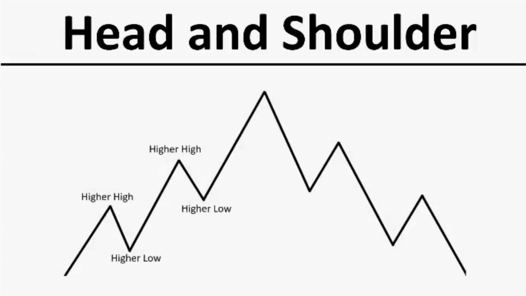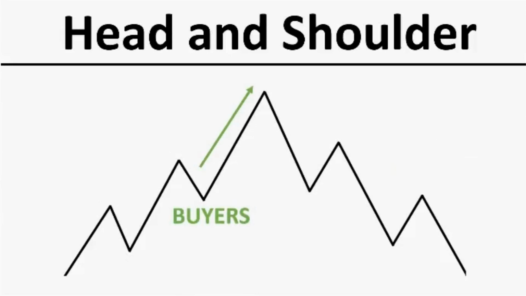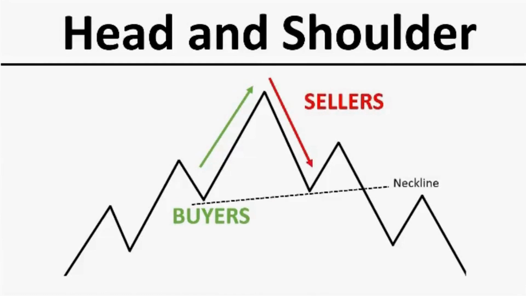And you see it converts the uptrend with a higher high, higher low pattern into a downtrend. That's the level where the buyers are most active in the uptrend. You can see a great bullish spike in the price. That's where the bulls are applying the buying pressure. But according to this pattern, at the top of the trend, at the head of this pattern, the sellers get active and try to bring the market down to the level called the neckline.